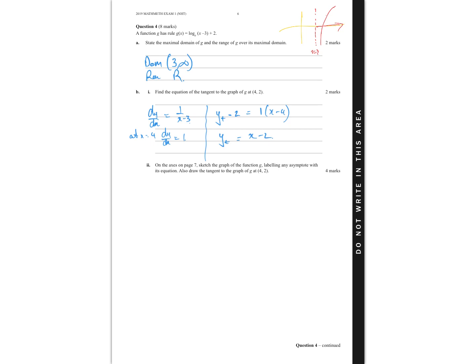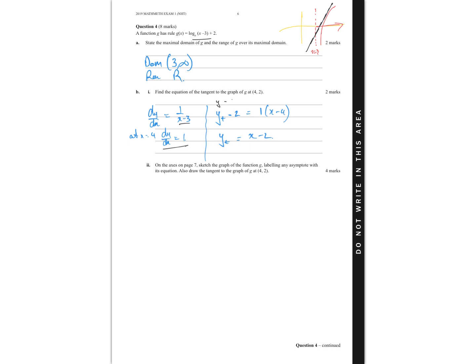Find the equation of the tangent to the graph at 4, 2, the tangent line at 4, 2. Maybe something like that. We need the gradient at 4, so the derivative of natural log of x minus 3 is 1 over x minus 3. At x equal to 4, the derivative would be 1. So that's the gradient of my tangent line.